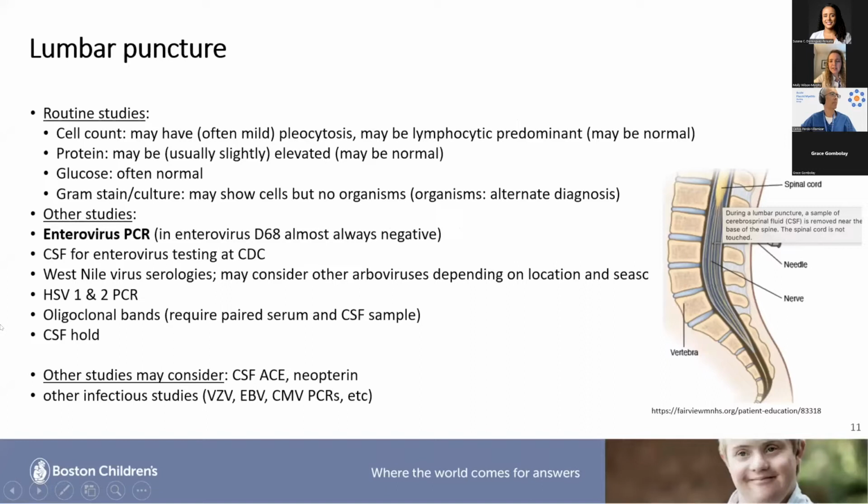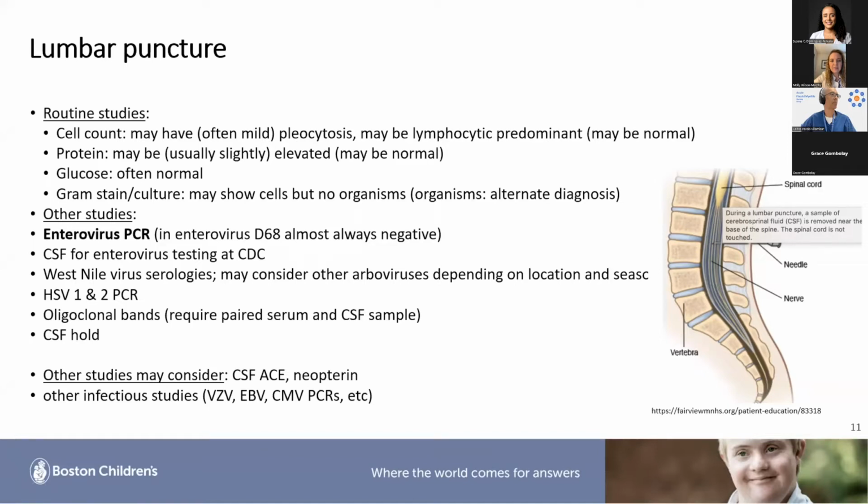Lumbar puncture is very important, particularly if there's no contrast enhancement on the spinal cord imaging to support your diagnosis that this is an inflammatory condition. But we recommend in all cases of suspected AFM doing a lumbar puncture and getting routine studies. So that's the cell count.